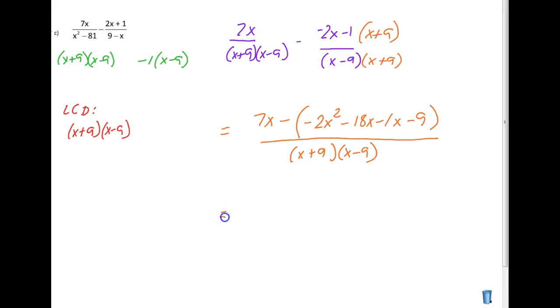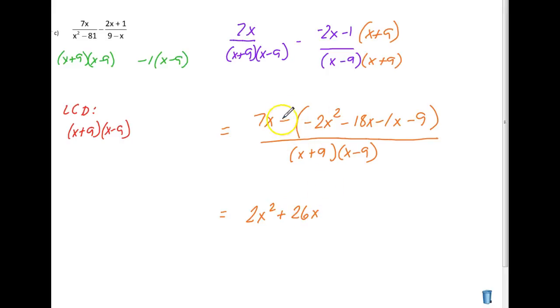So then we simplify, combine like terms. I have to carry this negative through all parts of that parentheses there. So when I carry it through, it's actually changing all of these to be a positive sign. So what I'm left with is a 2x squared, because there's no other x squareds. I have a 7x here, but then what I end up with over here is another 19x, so that's plus 26x.